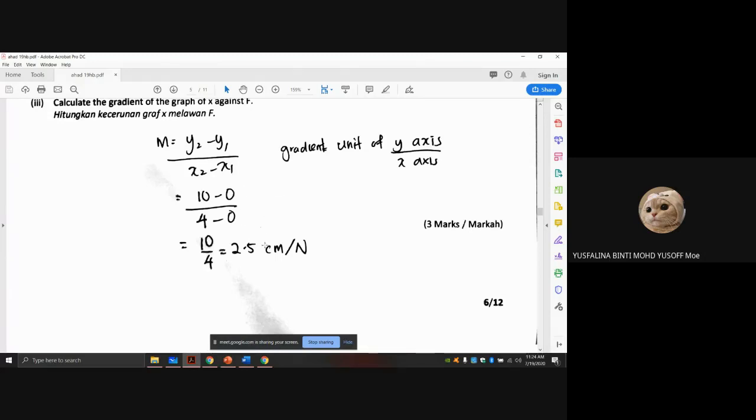The third mark comes from the unit of the gradient. Let's say you got 2.5, right? But you didn't put the unit, or the unit is wrong, so you cannot get the third mark. So you must put the unit correctly. So how to put the unit? This I gave you already: y-axis unit divided by x-axis unit.